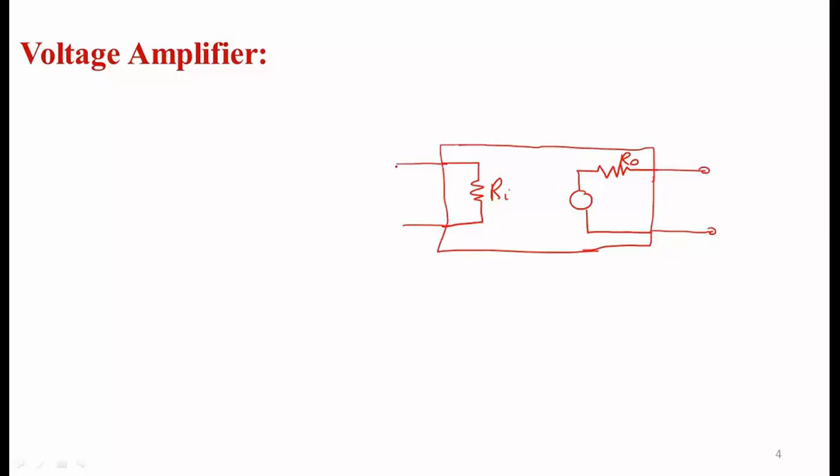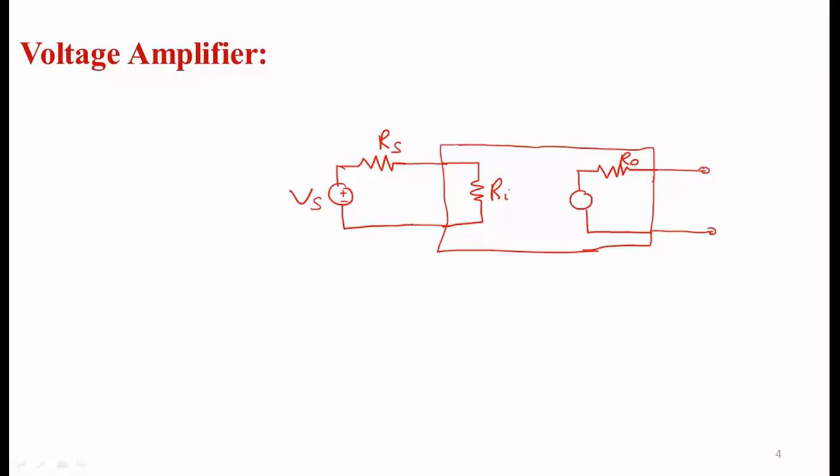Now, if we connect the voltage source at the input, and we know that a voltage source has a source resistance also, so its Thevenin equivalent circuit is this Rs, the source resistance, and here we have the voltage source, Vs.